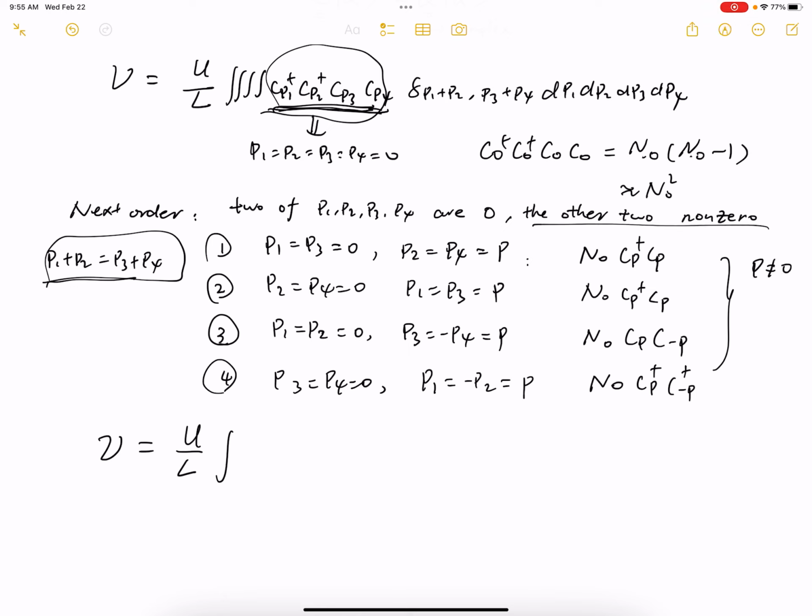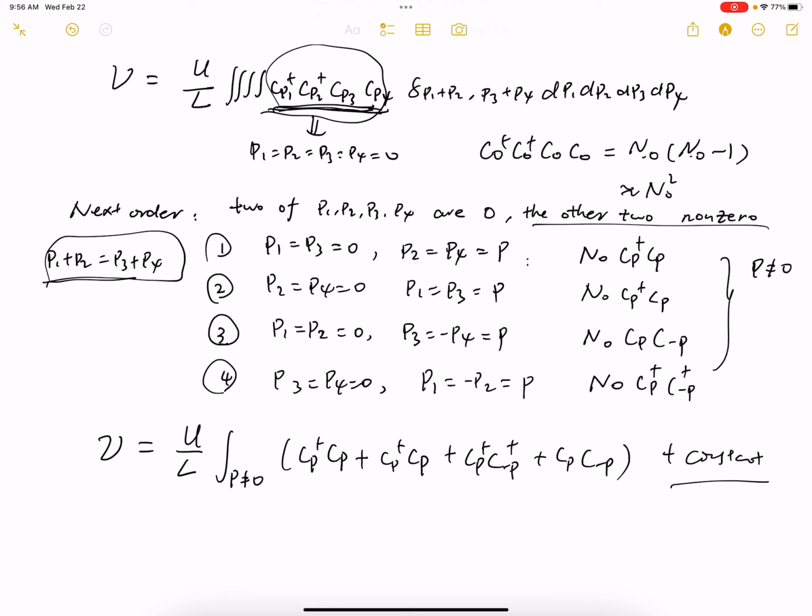So this is an integration over P not equal to 0, and then we'll have CP dagger CP plus CP dagger CP plus CP dagger C minus P dagger plus CP C minus P. And then also plus that 0th order term, but this is not important, so we're just going to write a constant here.